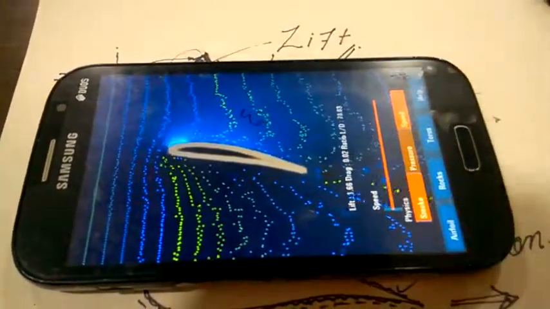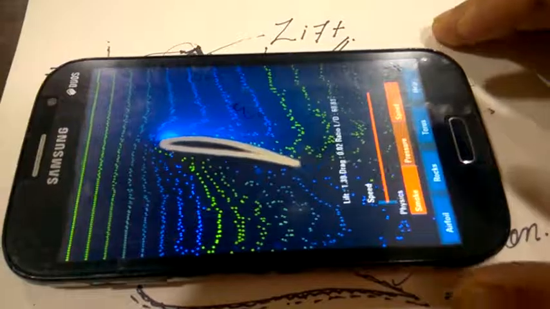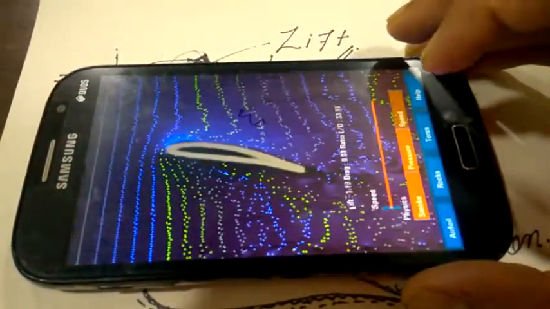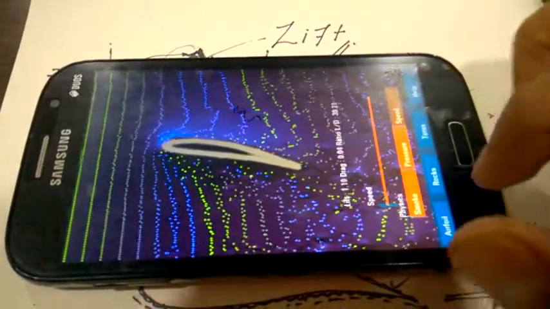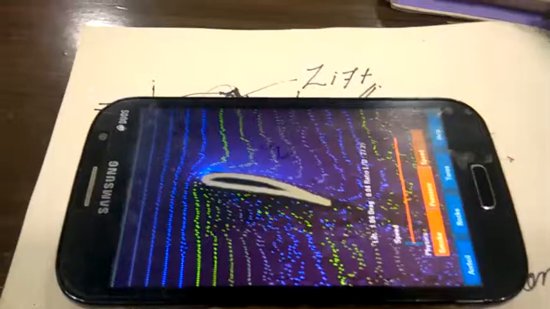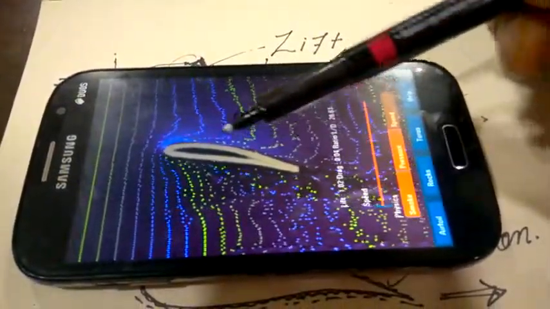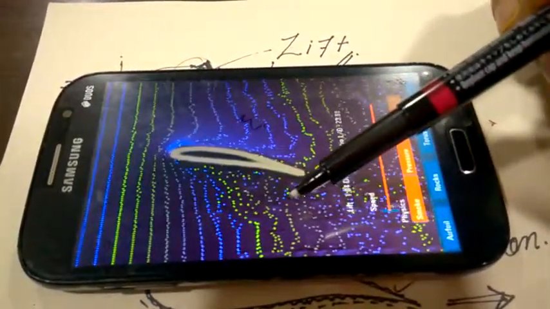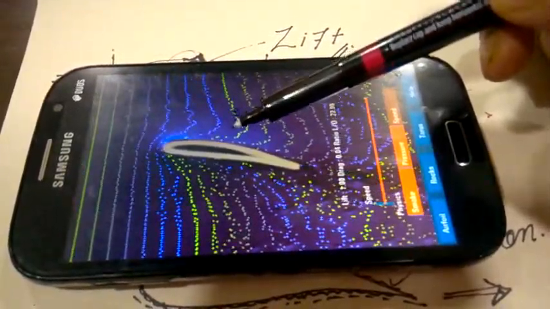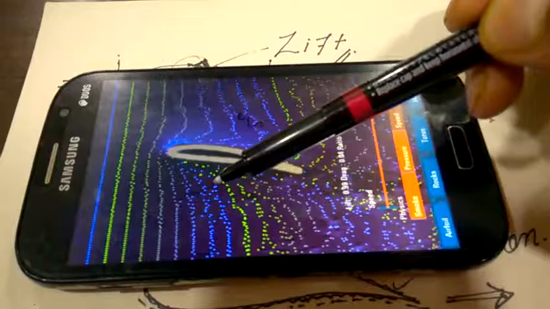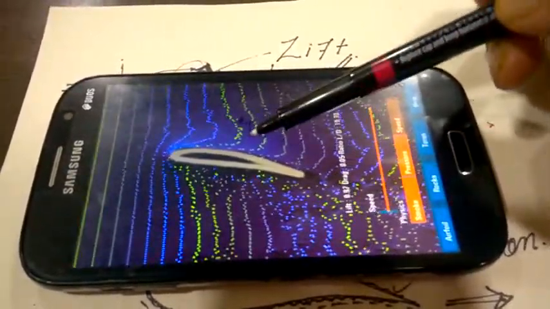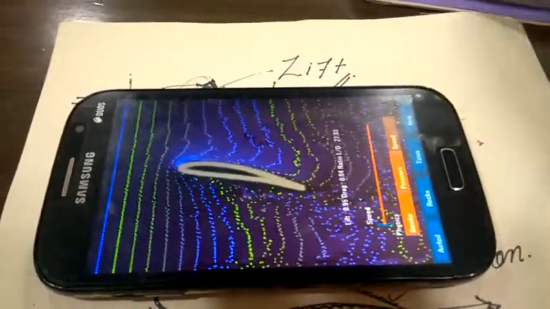You can see it very easily, and this is the speed where it is. So you can see these are the air particles which are moving comparatively faster with respect to this, and this creates a low pressure zone and this creates a high pressure zone that will give lift, a force in the upward direction, that is lift.